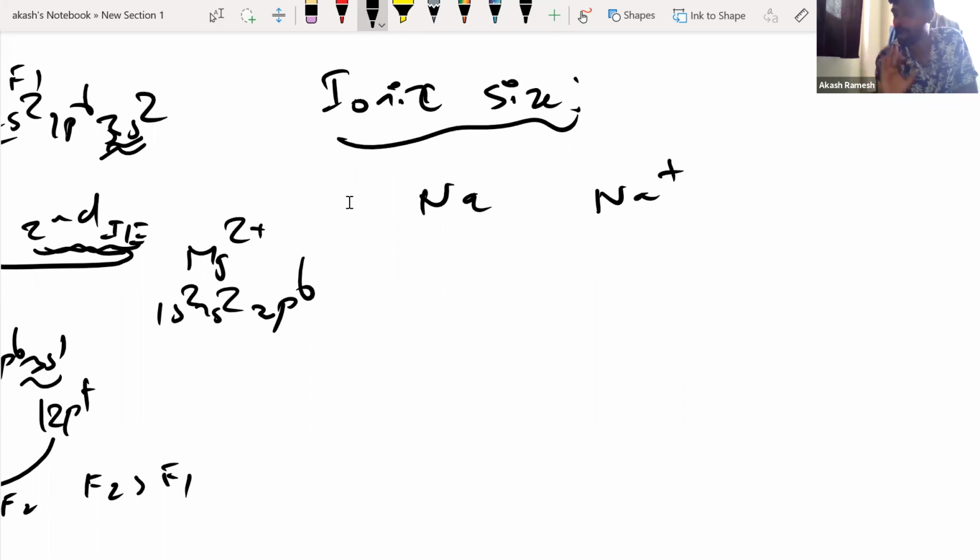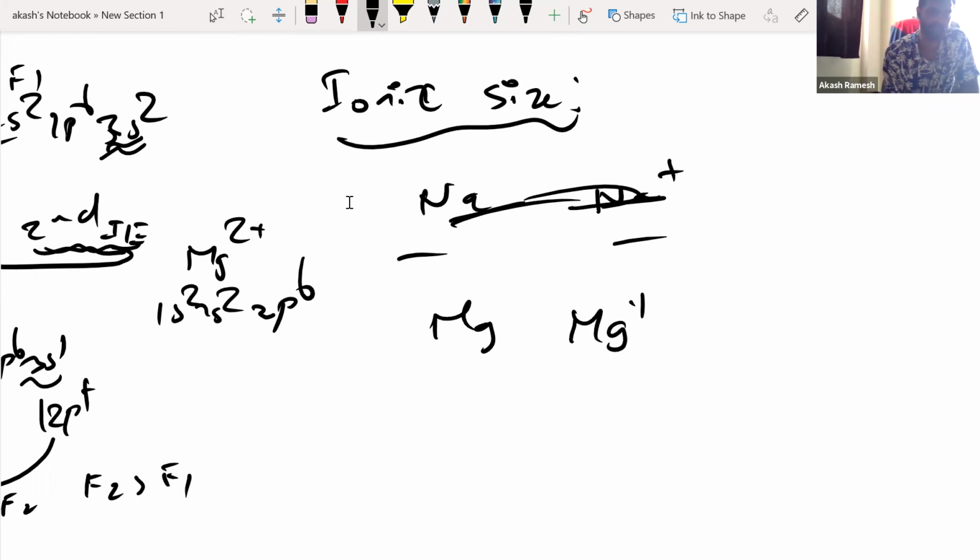Let's take Mg and Mg plus. Among these two, whichever has the lesser size, it will be more difficult to remove the electron, because the electron will be closer to the nucleus, with more nuclear charge. If I can understand which has lesser size and more size, my problem is solved.